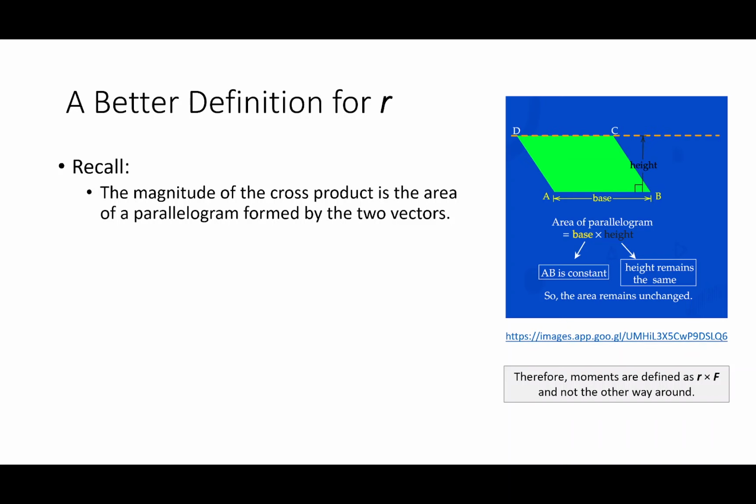This is a neat little fact of geometry, that here I have this green parallelogram, and the area of that parallelogram is defined as the base times the height. And the height is this perpendicular distance, sort of akin to that moment arm I drew over here, right?